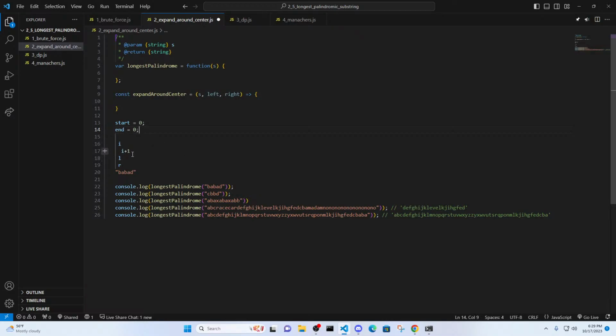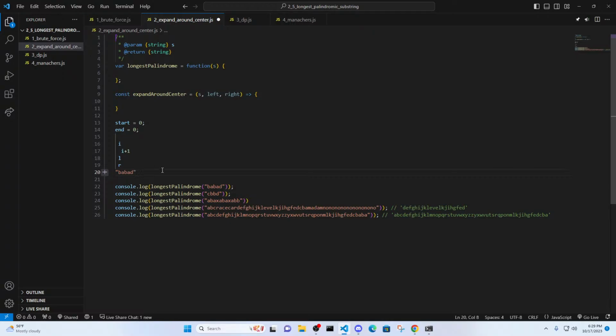Then we can start iterating over it. The first thing we're going to do when we start iterating is run expandAroundCenter on i and expandAroundCenter on i plus 1. So we're constantly checking for our odd palindrome and our even palindrome.